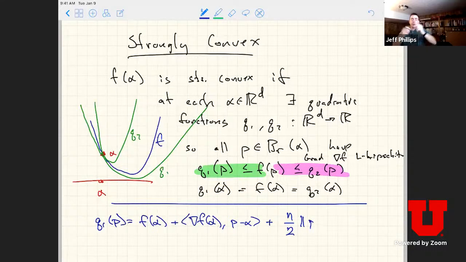So as P moves away from alpha, this is Q1, it's still going to be quadratically changing, right? That's what this last term is saying.